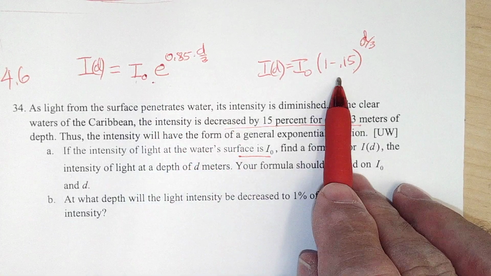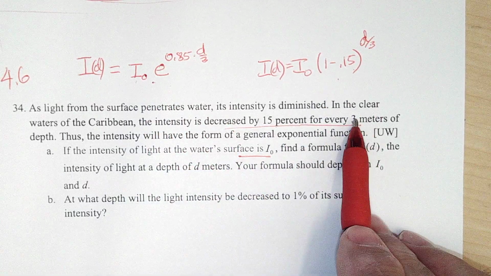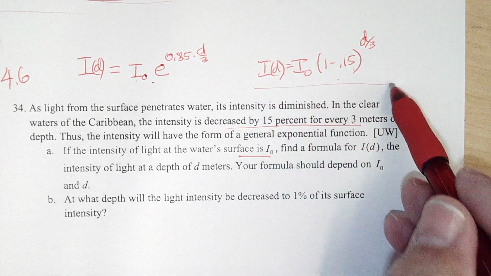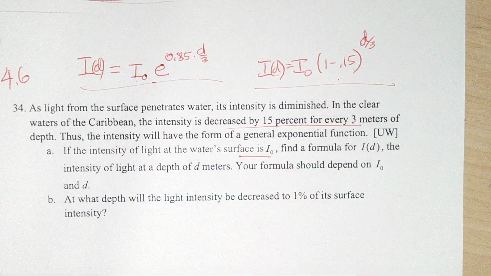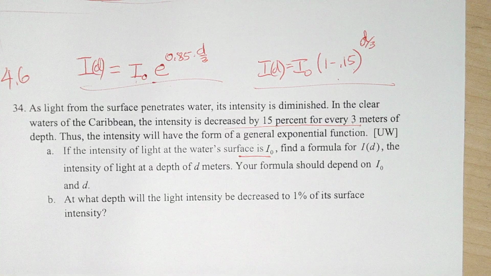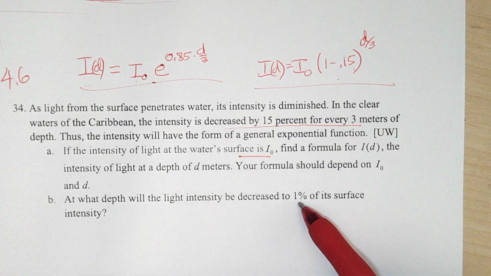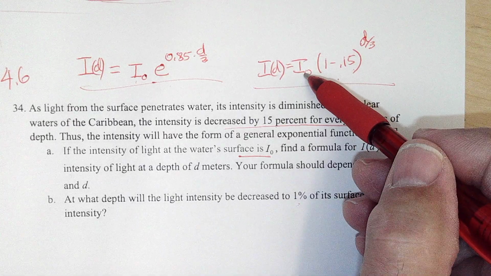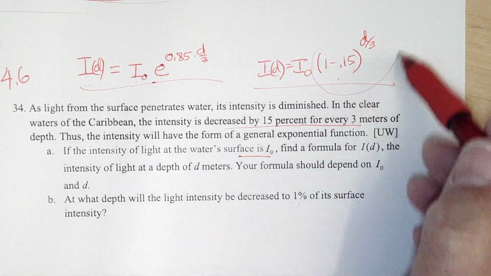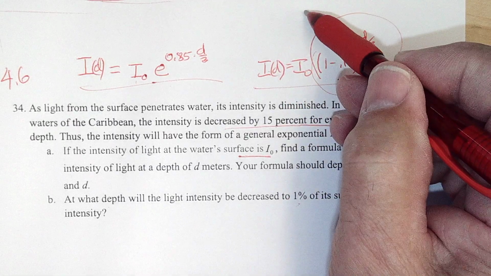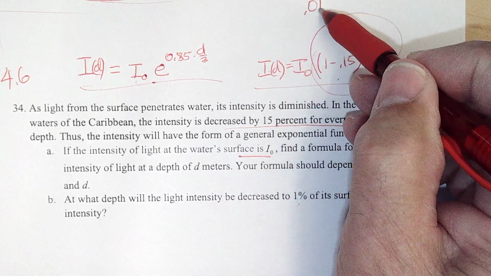This is decreasing 15% for every 3. The book probably uses this one. It might be reasonable to use that one. At what depth would it be 1%? 1% of what it started. So this would have to be 0.01 or 1%.